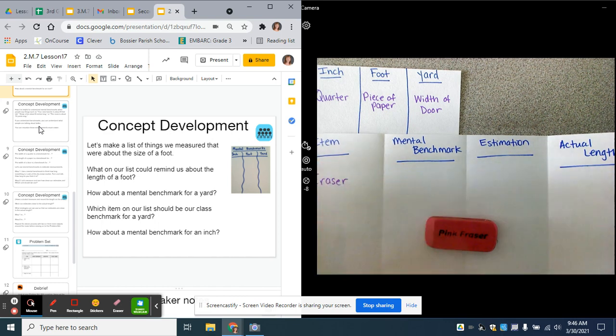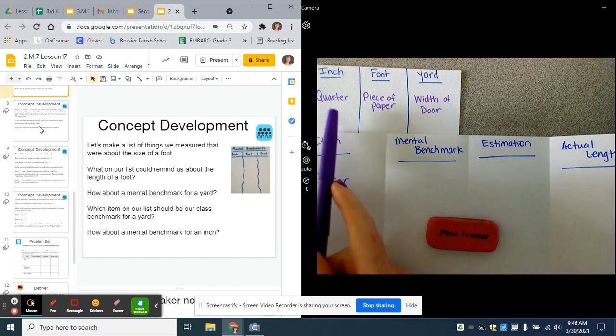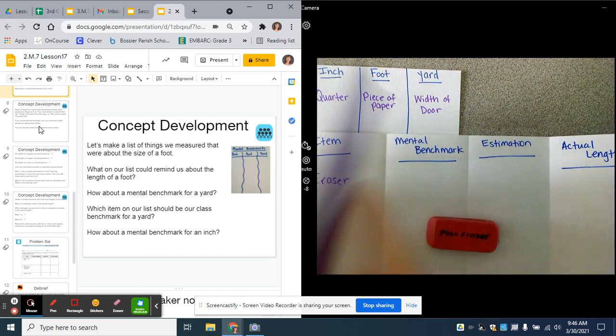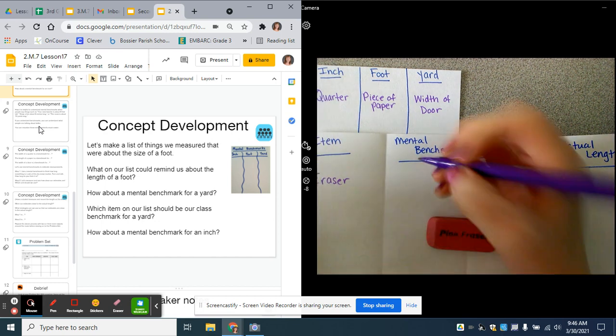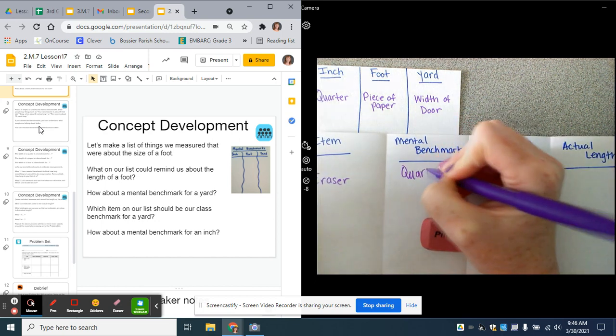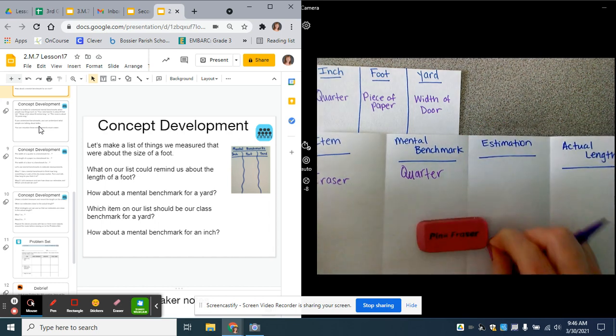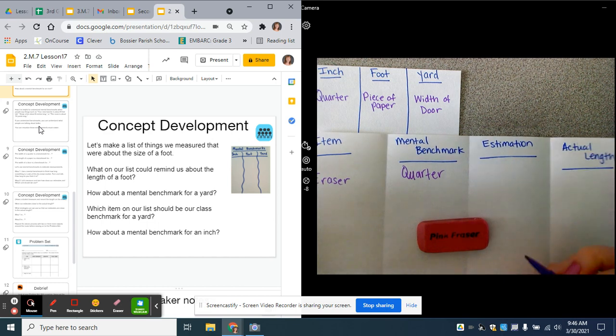Eraser. And I'm going to look at this. I'm going to use my mental benchmarks, either inch, foot, or yard. Well, obviously, it's much, much smaller than the paper that it's on top of. So I'm going to use my quarter. And I'm going to estimate. I'm going to think, how many quarters do I think this eraser is long?